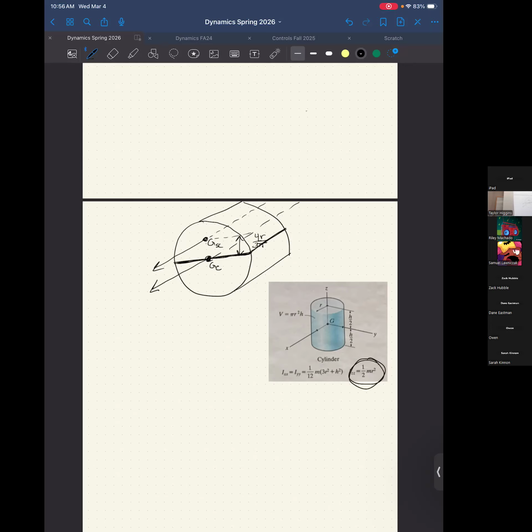So I would say that I about GC for the whole cylinder is equal to I about GC for the semi-cylinder times 2, because there's 2 of them.